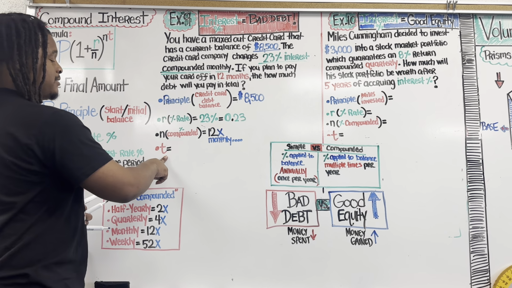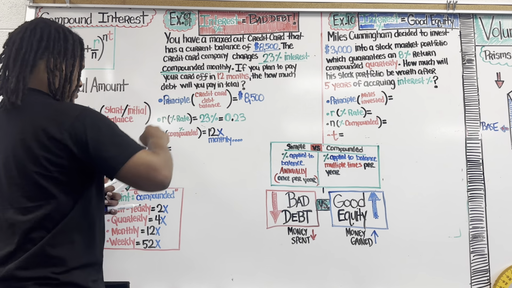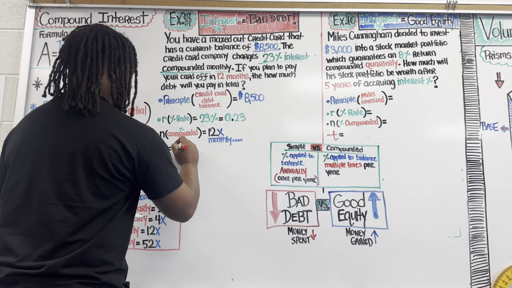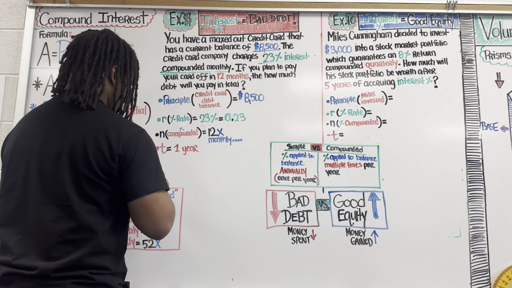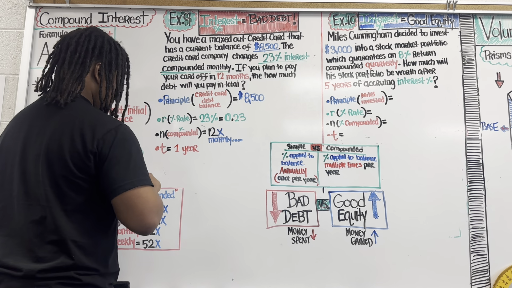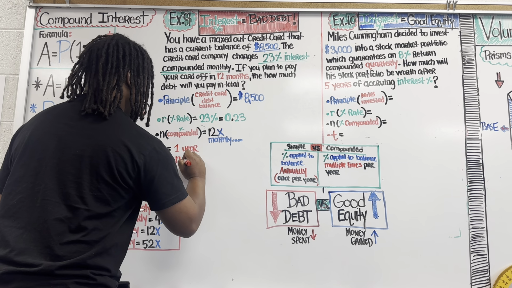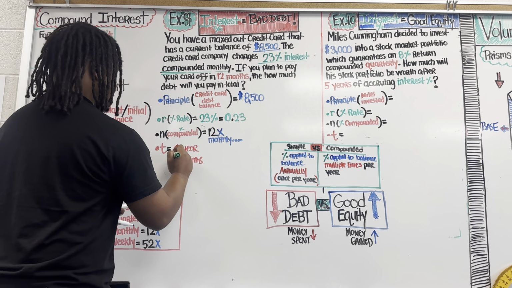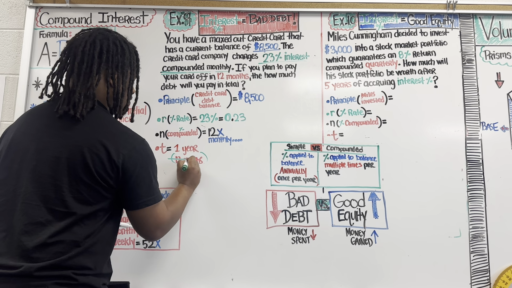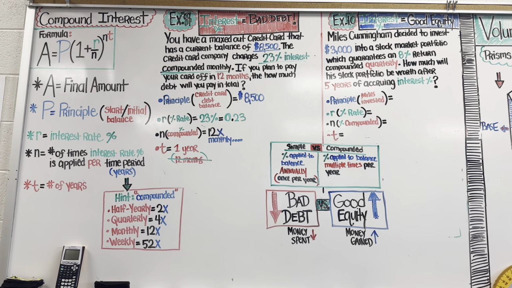And then the time, which has to be in a number of years, it says 12 months, but we do know that 12 months equals 1 year, okay? But we're not going to operate in months, we're going to operate in years, okay?